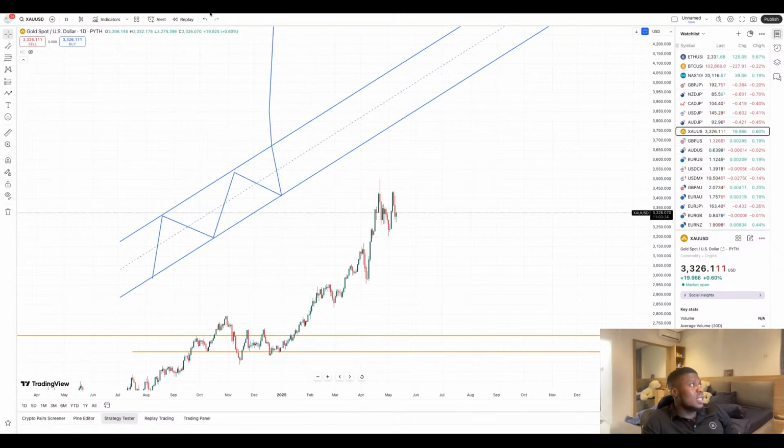Okay, where to place a stop loss to avoid a fake out. Now that's where you apply your candlestick pattern.